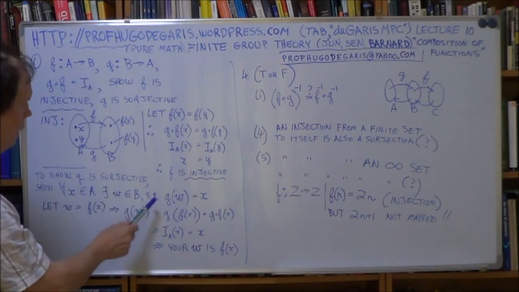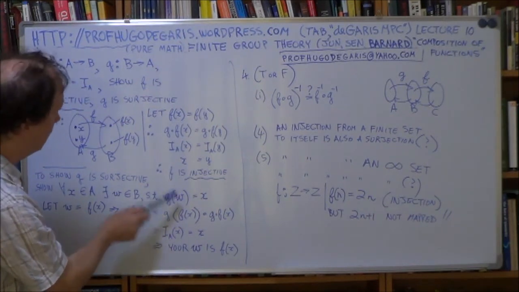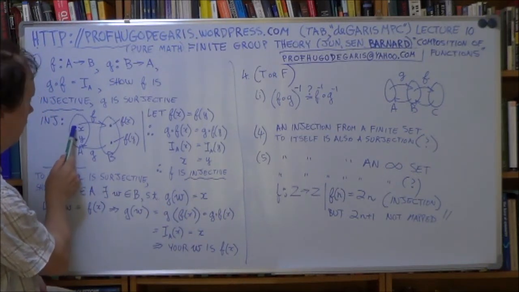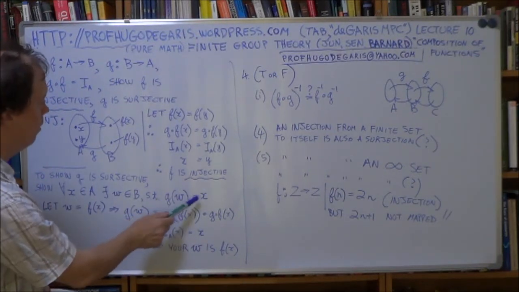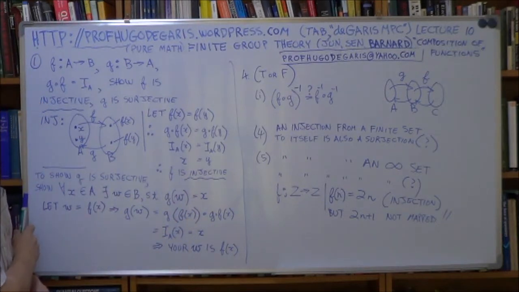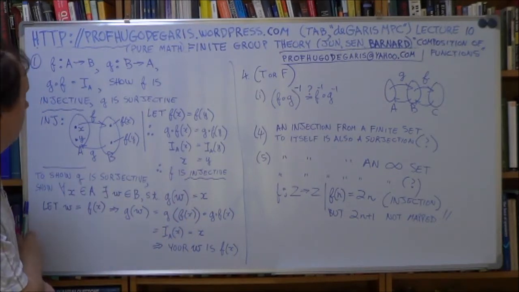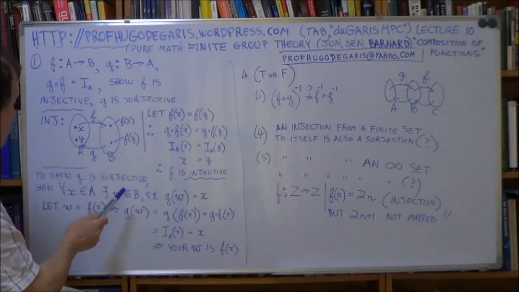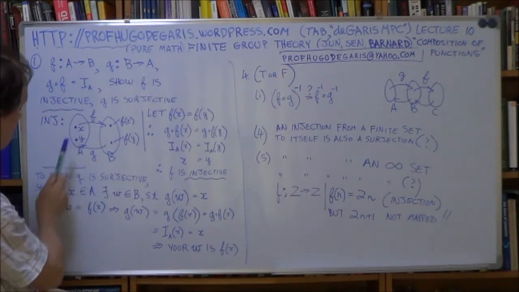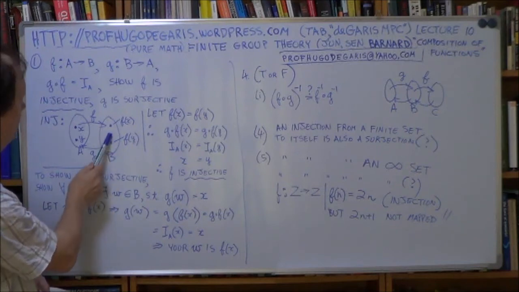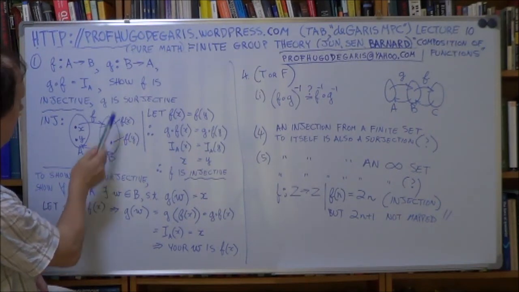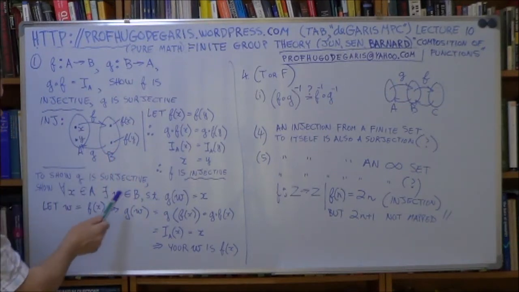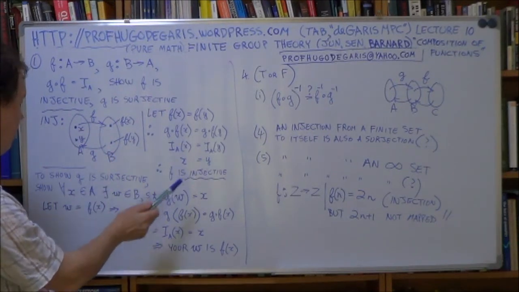W belongs to B, so that G maps that element W into your element X. So G of W equals X. Okay, I hope you follow that. If not, rewind. Okay. So we're trying to show for any X here, there's some element W in the domain that gets mapped to X. Right? Let's call it W.